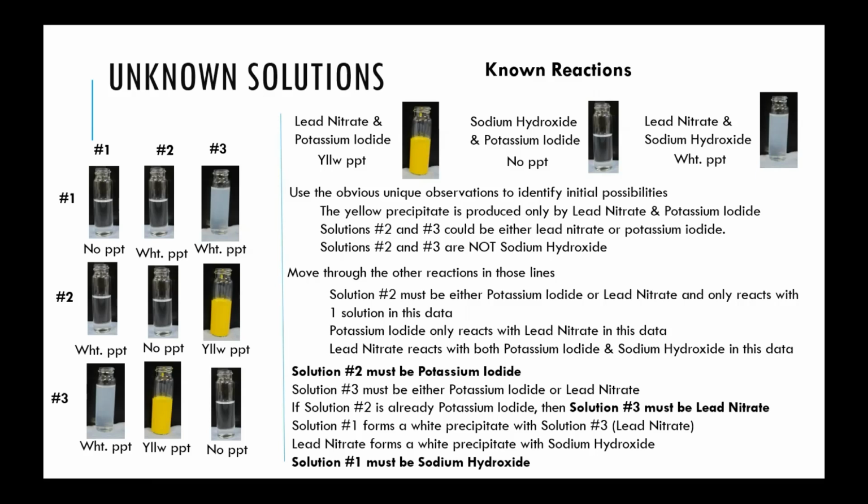Aluminum sulfate, barium chloride, lead nitrate, potassium iodide, silver nitrate, sodium carbonate, sodium hydroxide, and zinc chloride. They're all solutions 1 through 8. And your direction in this is to identify what solution matches up with your solution numbers 1 through 8.